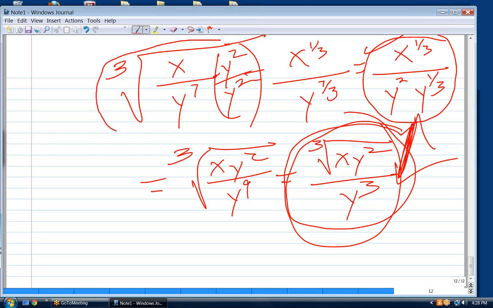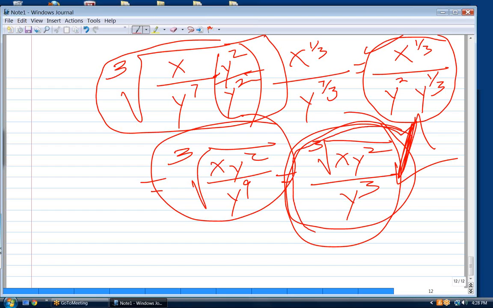If they went directly from this step to this step, in other words, the numerator becomes xy squared, and the denominator becomes y to the 9th. But now when you take the cube root of the denominator, you get a perfect y to the 3rd. You still have the cube root of the numerator, which is the cube root of xy squared, but that's okay. There's actually an example in my book, and this is the way they do it, and this is the answer they give for this problem.